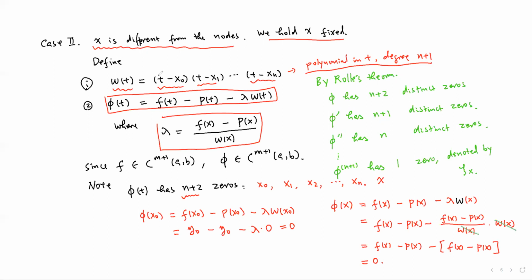If we multiply out this product, the leading term is t^(n+1), plus terms with lower degrees. Now take the derivative n plus 1 times.